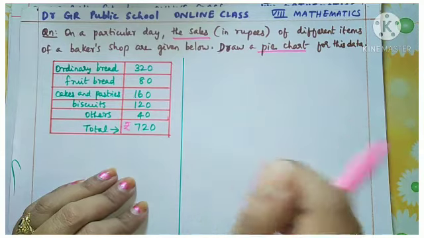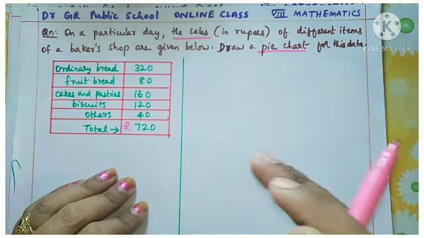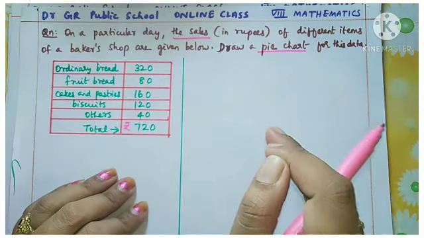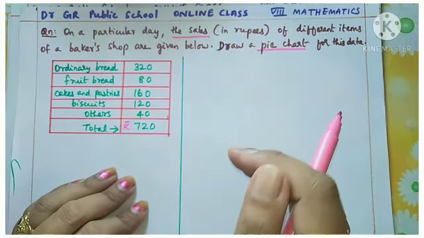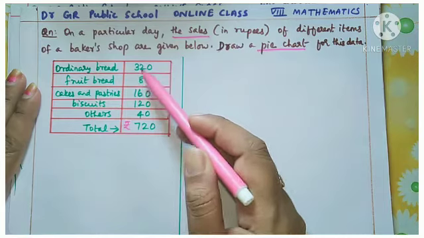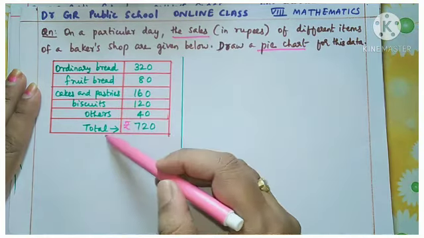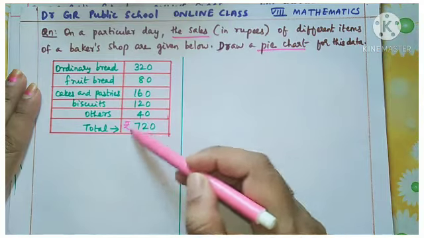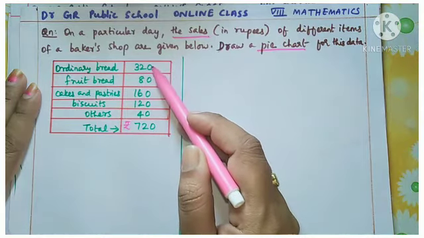From the circle we want to form the sectors, that is different parts of the circle, using angles. So how we are going to get those angles, we will see now. Now here you see 320 for ordinary bread. See the total here is 720, correct? So from this 720, the part of ordinary bread is 320.